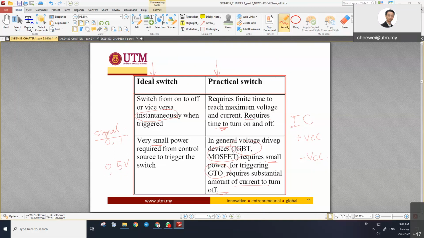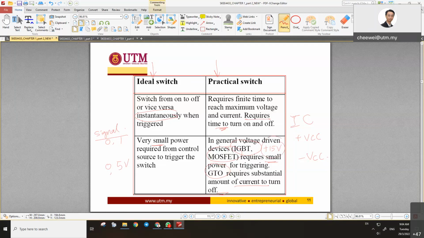IGBT, what do you need? Plus 15 volts for the VGS. And MOSFET as well. You need 15 volts to turn it on. If I supply 5 volts, do you think the IGBT will turn on? No, it will not, because the practical switch requirement is that you must have 15 volts.